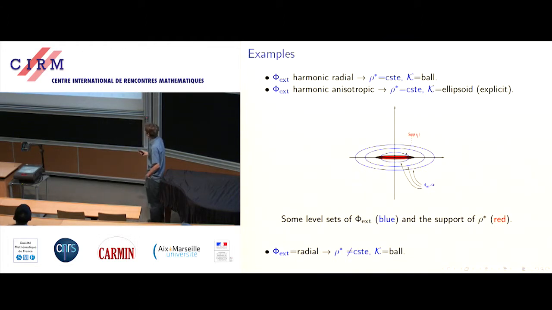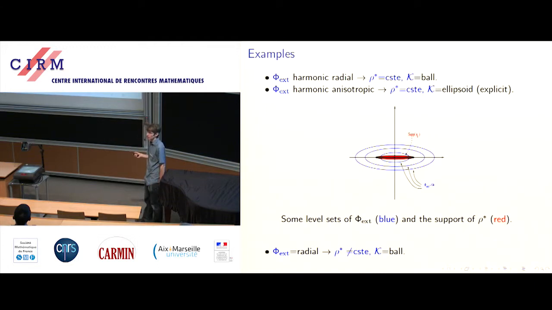Some examples. The first example you've seen is the numerical simulation. If you have a quadratic, isotropic potential, then you have a constant density and the support is just a ball. If you have something which is quadratic but not isotropic, then the Laplacian of a quadratic is constant, so you still have a constant density, but the support is not a ball anymore, it's an ellipsoid, and you have some explicit computation. Here in blue, these are level sets of the external potential.